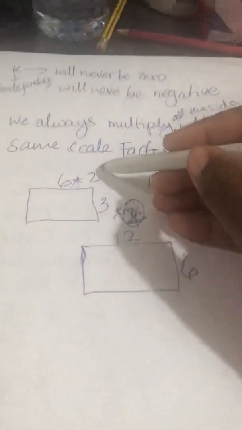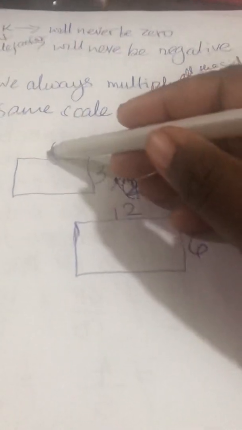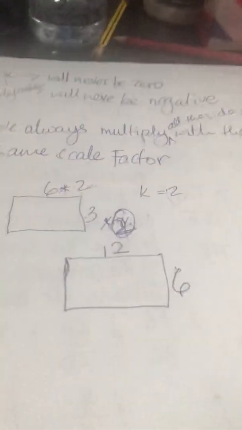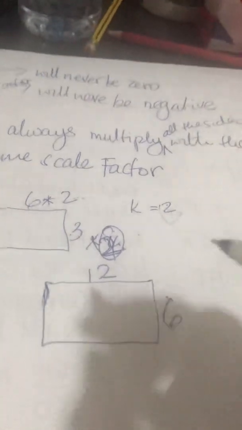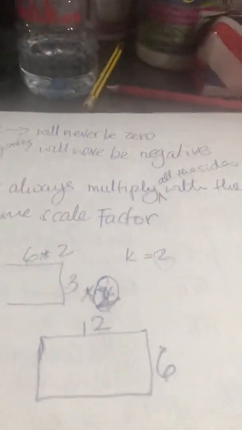So your new shape will be 12 and 6. Like that. The K has to be multiplied by the same number on the sides. Okay? You have to remember that. Now, we continue.